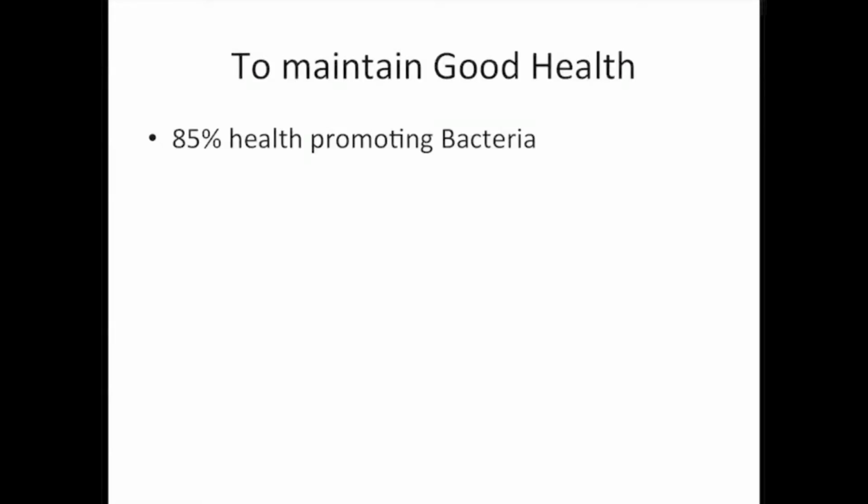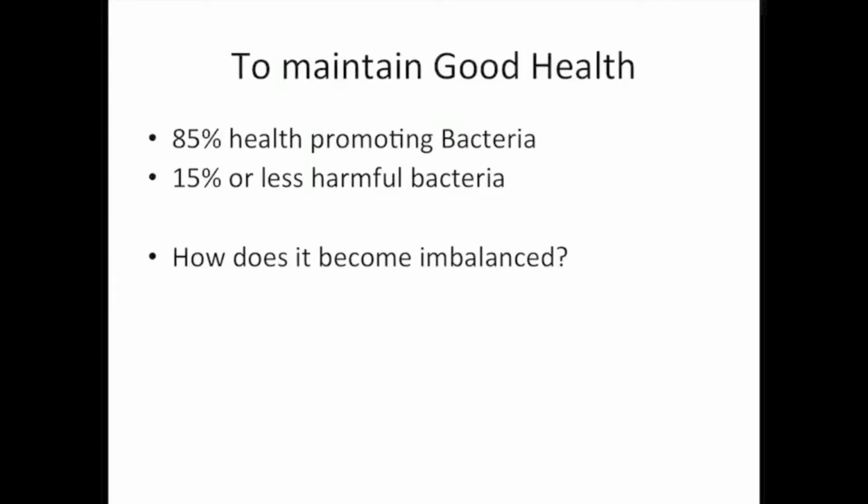Now, to maintain good health, we really want about 85% health-promoting bacteria against 15% or less harmful bacteria. But this can become really imbalanced, and the main reason for the imbalance is our diet.